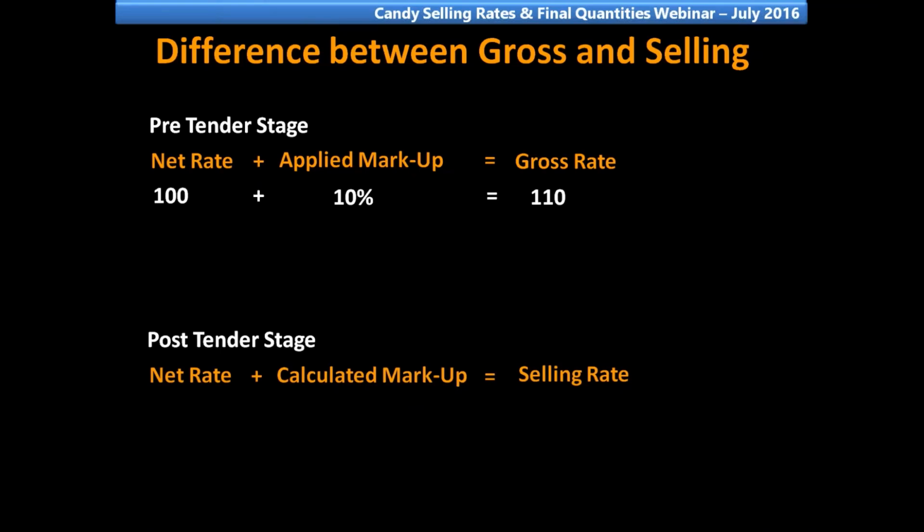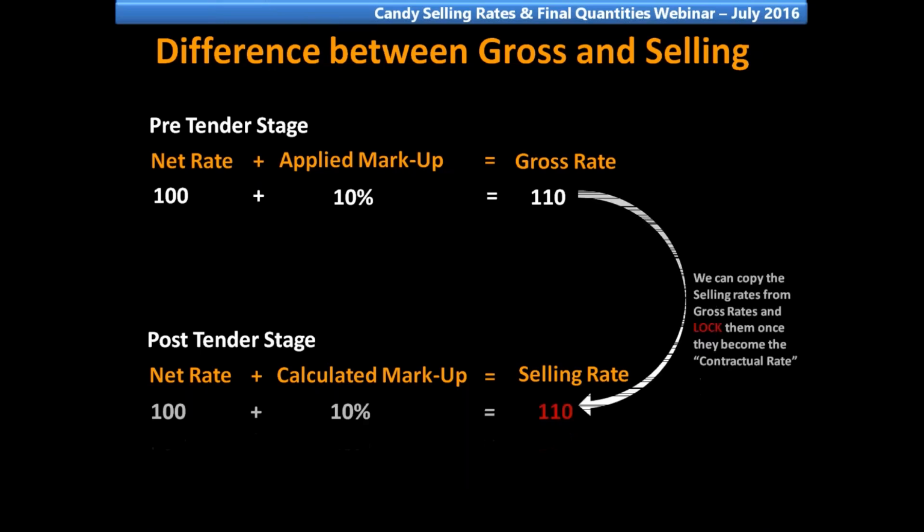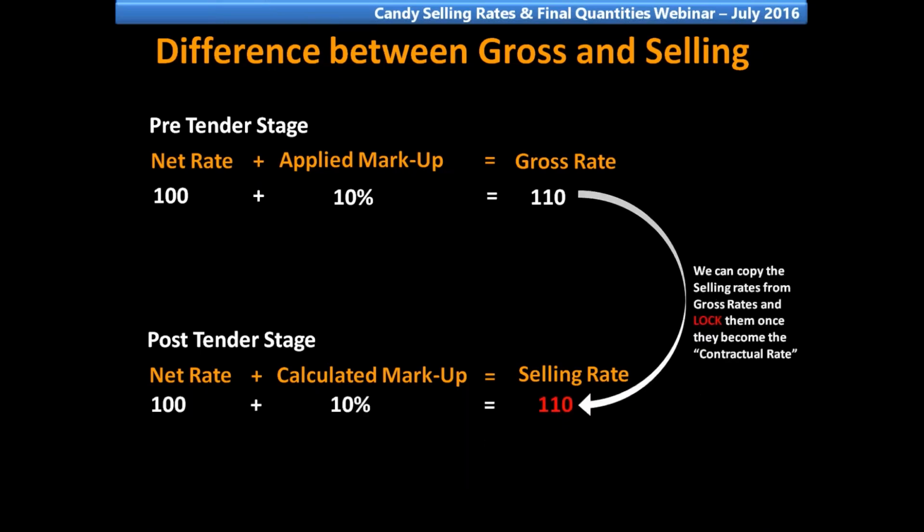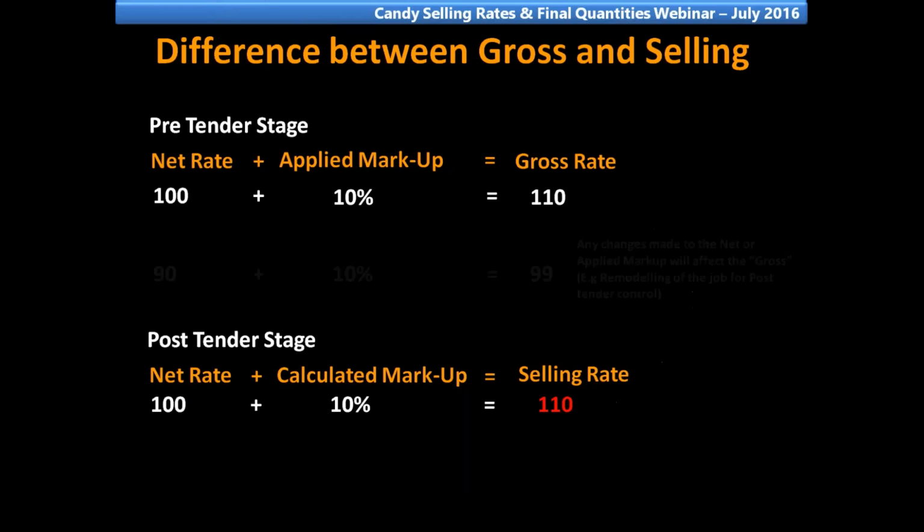Post-tender stage, we then copy the selling rate from the gross rate and lock them once they become the contractual rate. So at post-tender stage, we can clearly see that the rate is highlighted in red, meaning it's locked.